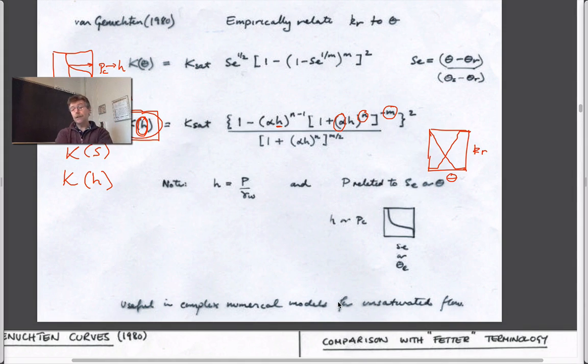So that's it. The big picture is that we've divided things into static behavior in terms of capillary pressure versus saturation curves, and dynamic behavior in terms of relative permeability curves. We've talked ad nauseum about what those physically mean in terms of air and water saturated systems, L-NAPL and water saturated systems, and D-NAPL and water saturated systems. How we can use them to say what saturation looks like with depth within these systems.